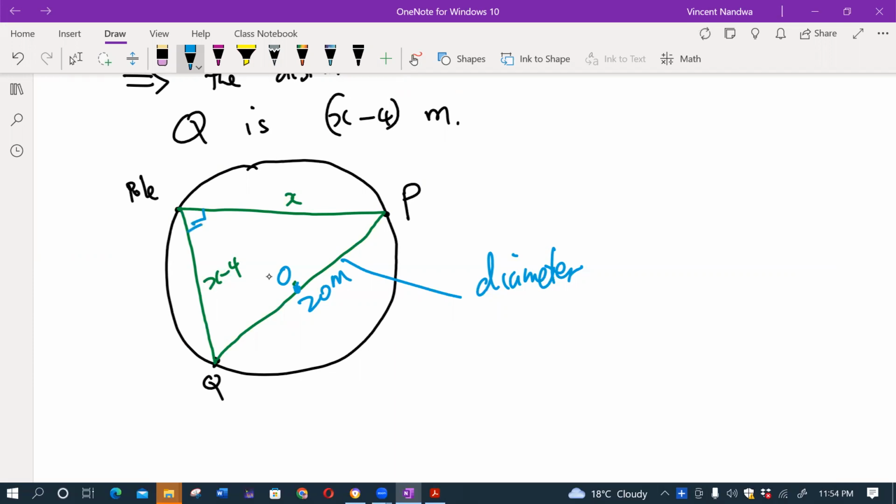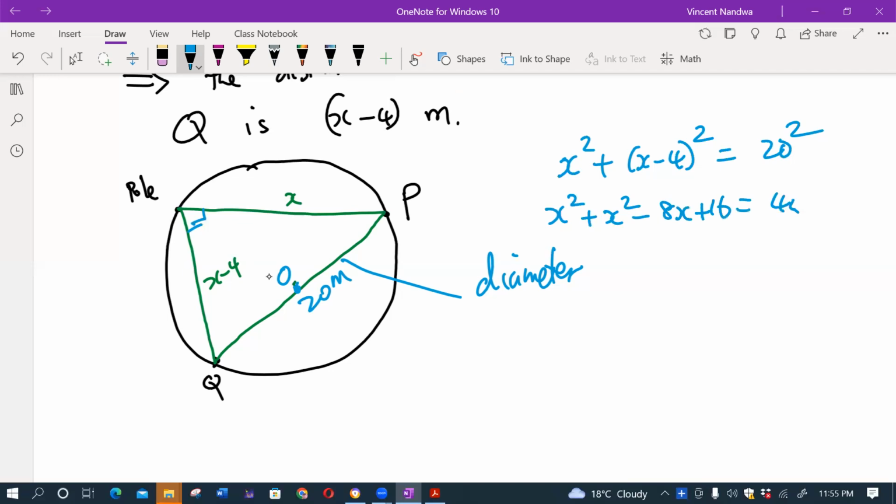So by Pythagoras theorem, we have x squared plus x minus 4 squared giving us 20 squared, because that's a right angle triangle. So x squared plus x squared minus 8x plus 16 equals 400.